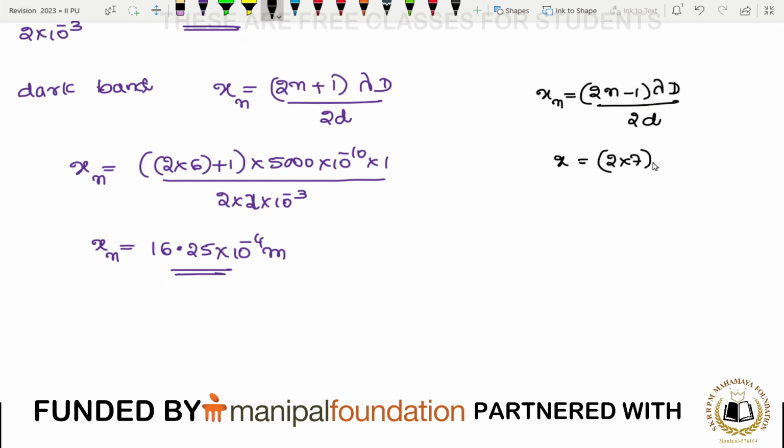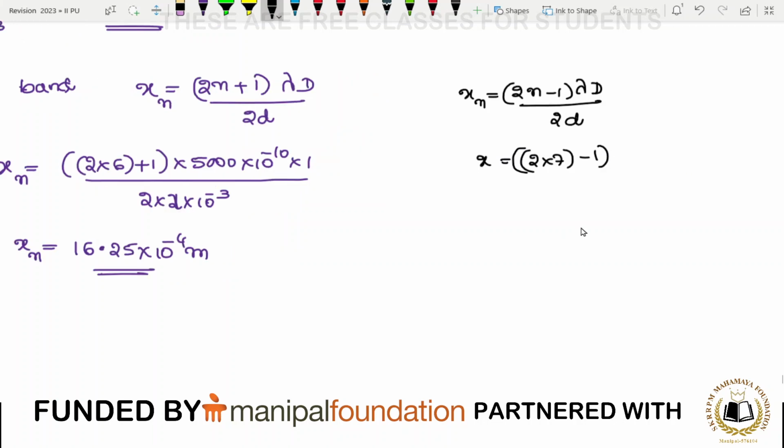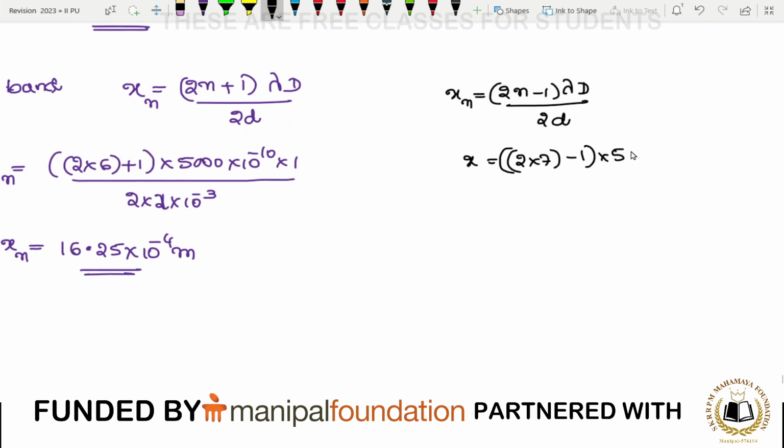So 2 into 7 minus 1, into lambda, which is 5000, into capital D which is 1, divided by 2 into small d, which is 2 millimeter. 14 minus 1 becomes 13. 13 into 5000 is 65,000, divided by 4. So you end up with the same answer once again.